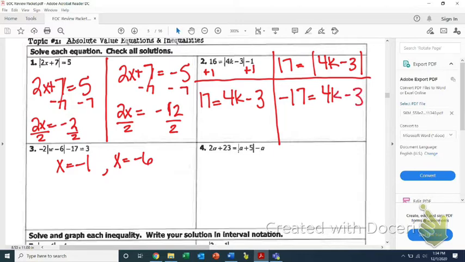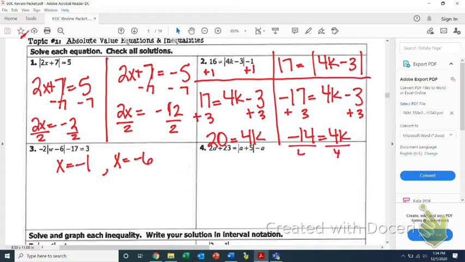For both equations, we are adding 3. We're left with 20 equals 4k on one equation, and negative 14 equals 4k on the other equation. Now the only thing left to do is divide by 4 on both sides of both equations.